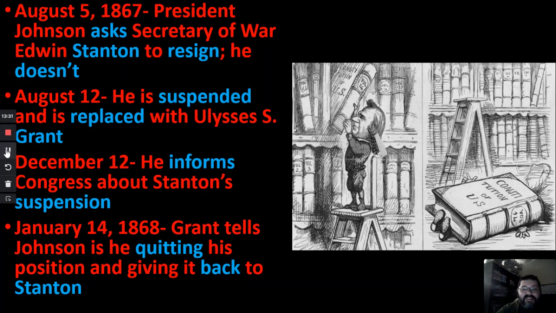And he replaces him with the hero of the Civil War, which is Ulysses S. Grant. Now, Grant kind of figures this is a temporary job type of thing. And basically, like 4 months go by, and he's like, hey, this is not temporary.